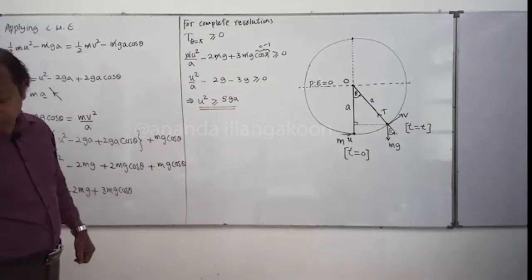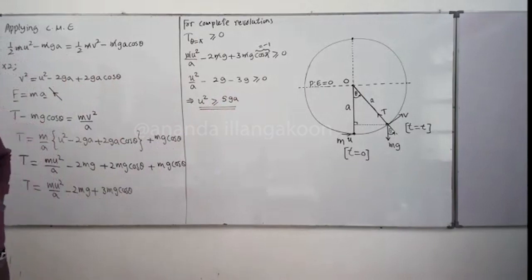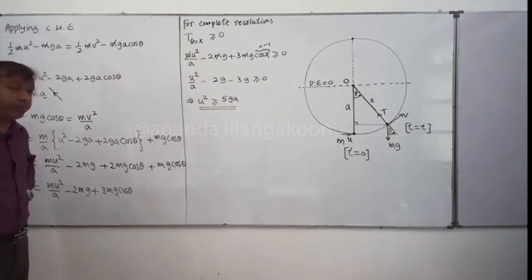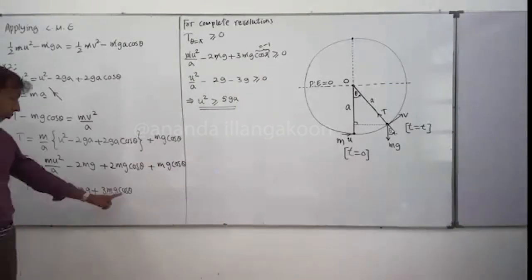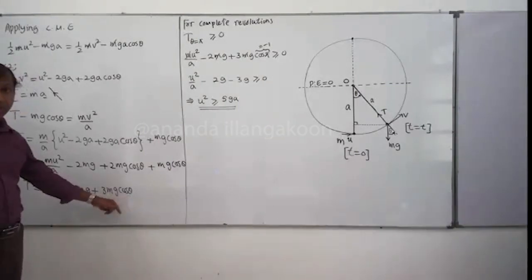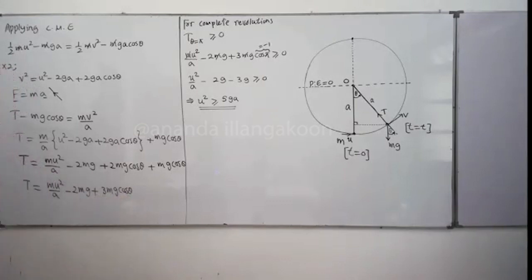Next one asking what? And the string should be able to bear a tension of magnitude 6 times the weight of the particle. Now I'm going to find the tension value, the maximum tension.